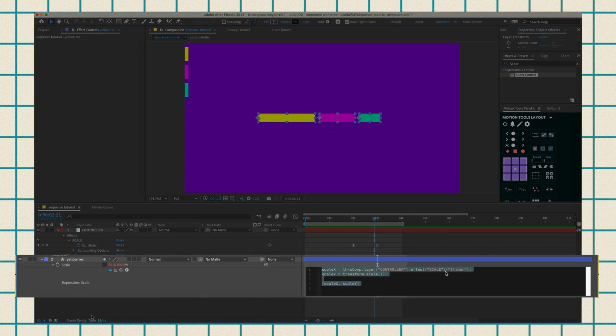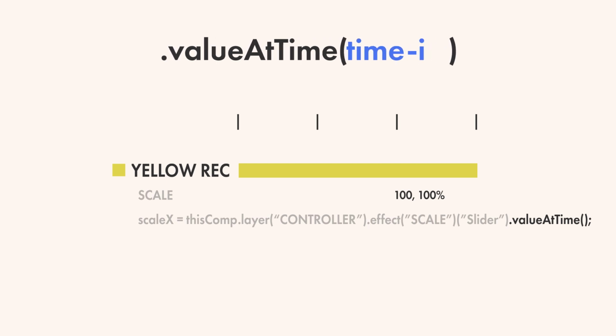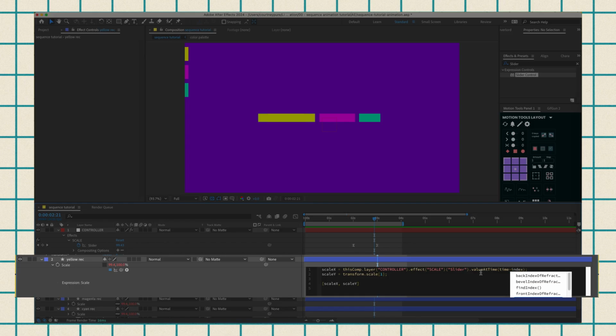Within our scaleX variable, we will add the valueAtTime method to the end of this line. valueAtTime takes an argument of time, which is represented by a t. For this purpose, we will write inside the parentheses time minus index divided by 20. You can see the scale of the yellow rectangle is just a bit behind the magenta and cyan rectangle.